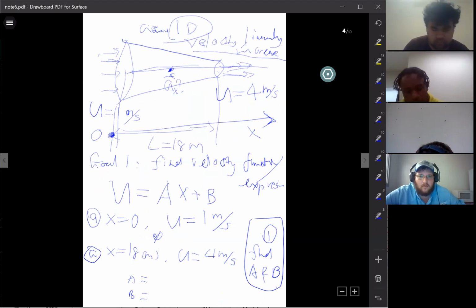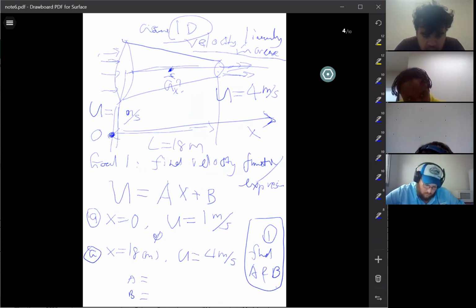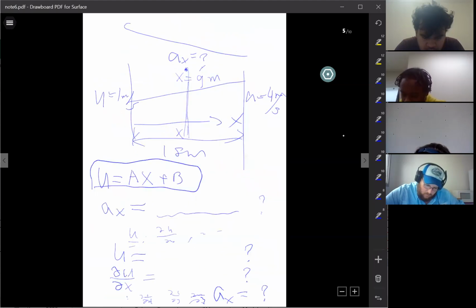Velocity has 3 components, U, V, W. This problem only has U. That's why in the drawing, I said U equal to 1 meter, U equal to 4 meter, right? I like to be clear. Any question is a good question, don't worry.